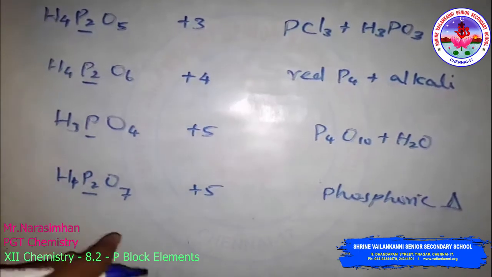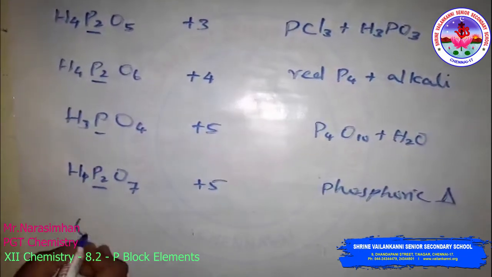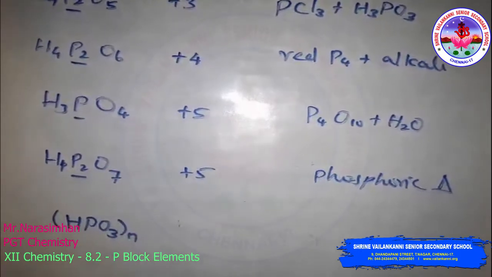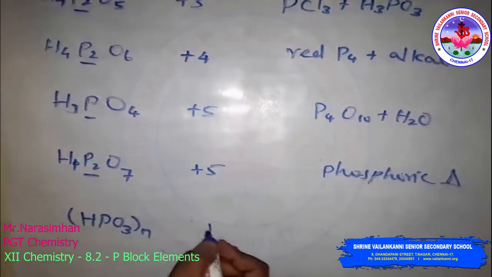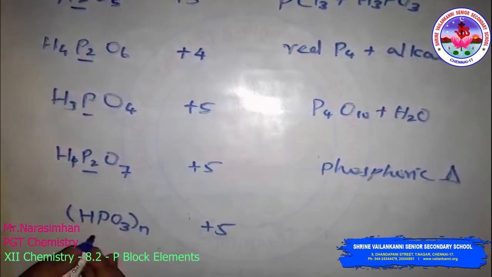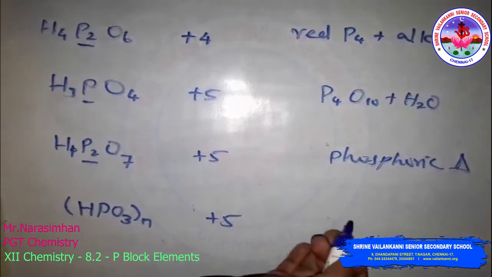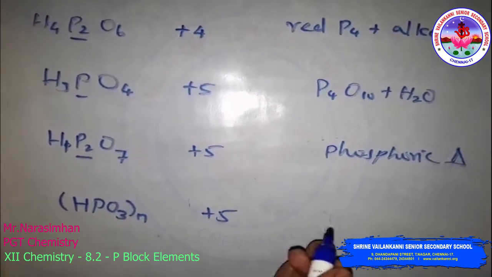And metaphosphoric acid, (HPO3)n. This is also +5 oxidation state of phosphorus. And the preparation method is phosphorous acid reacting with bromine water on heating in a sealed tube.